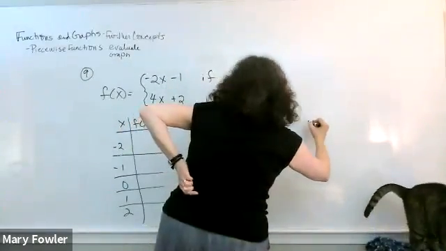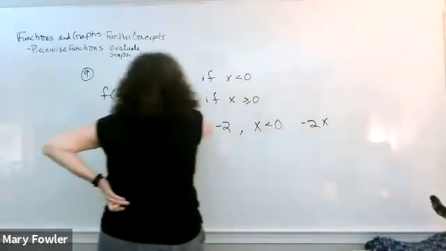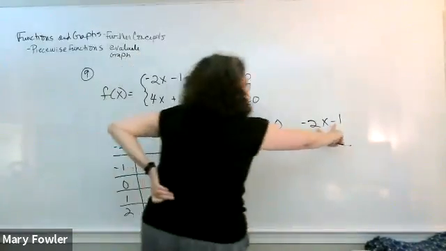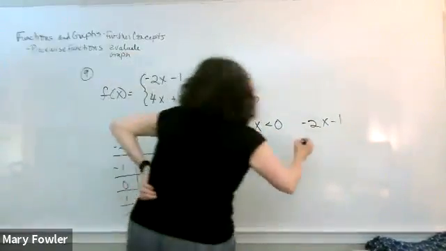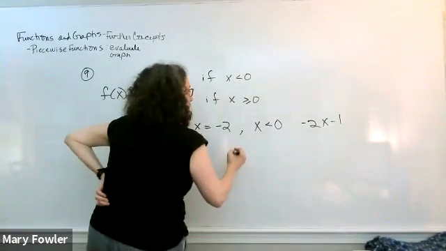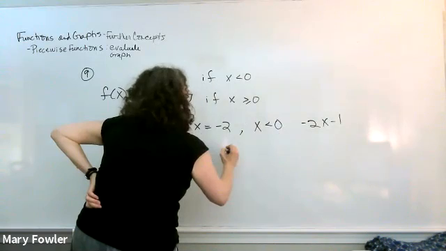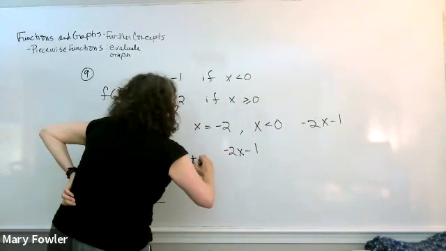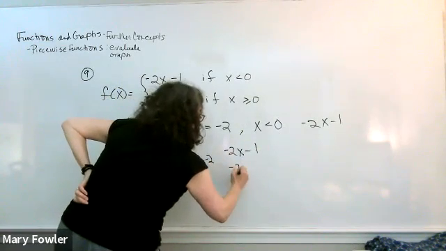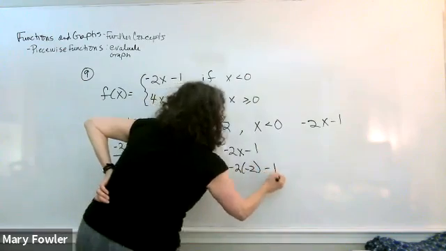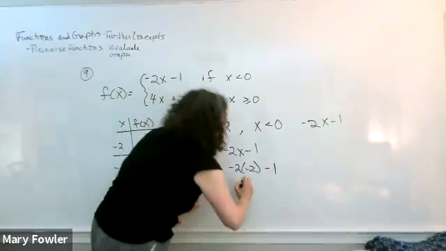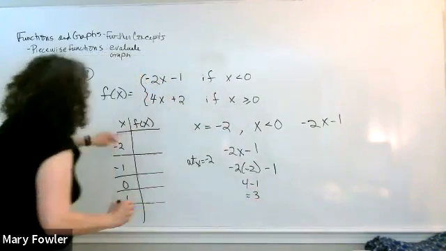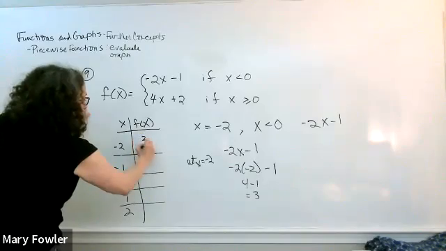So we know that we need to look at minus 2x minus 1. We use the first row, substituting in x equals minus 2, and we get 3. Okay, so f at minus 2 is 3.